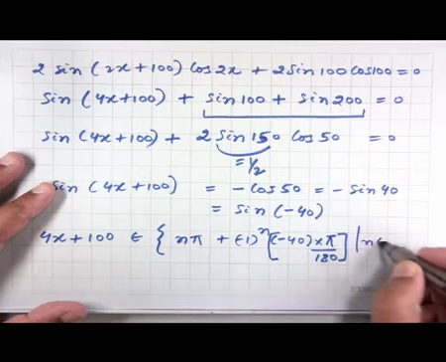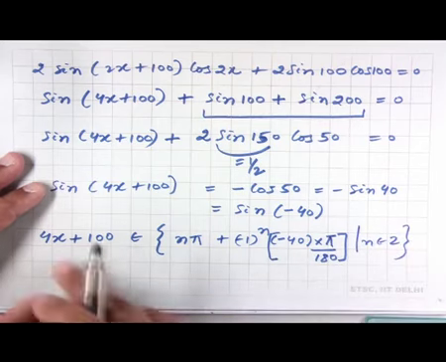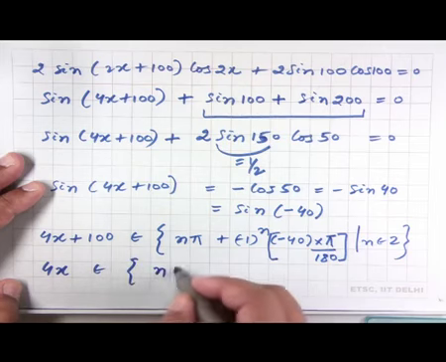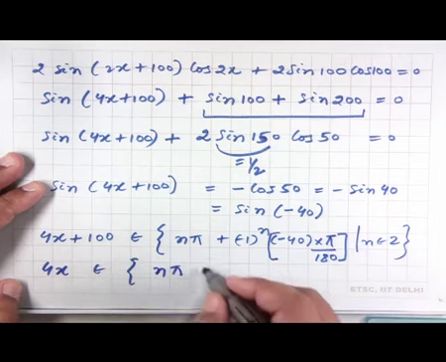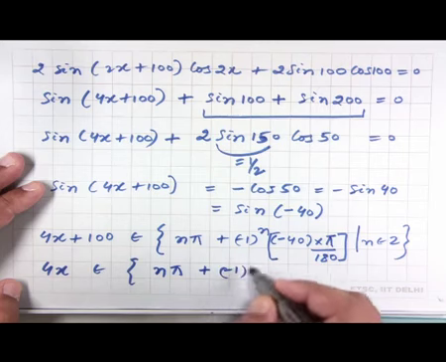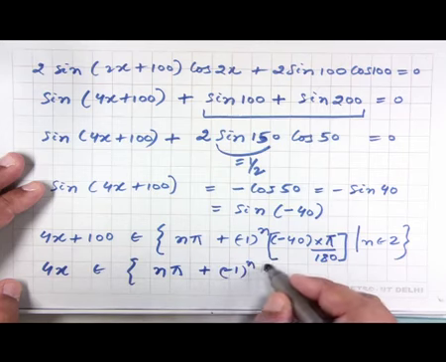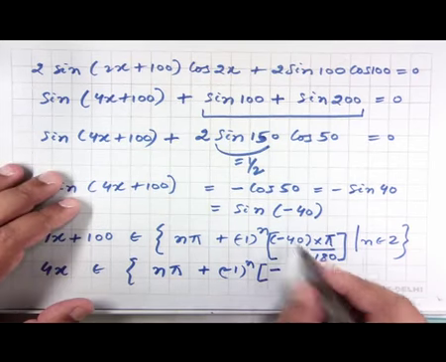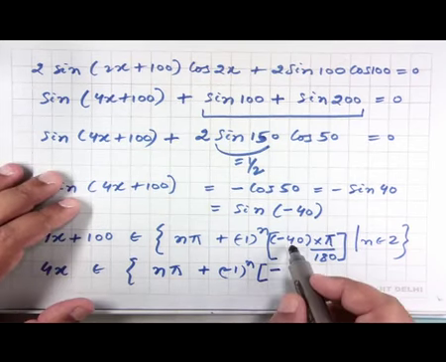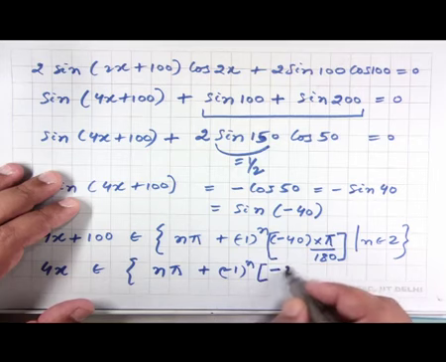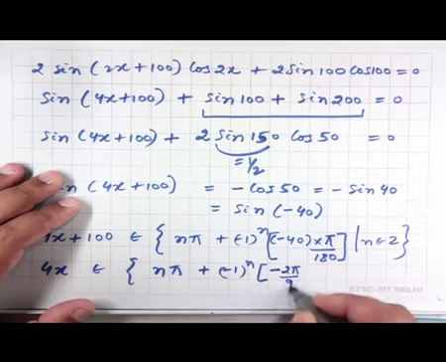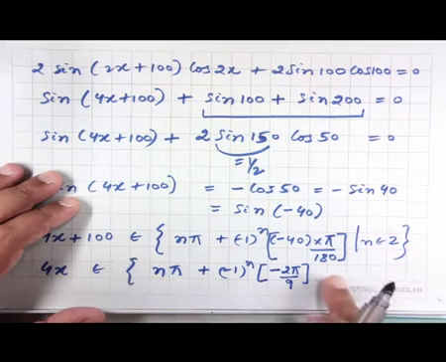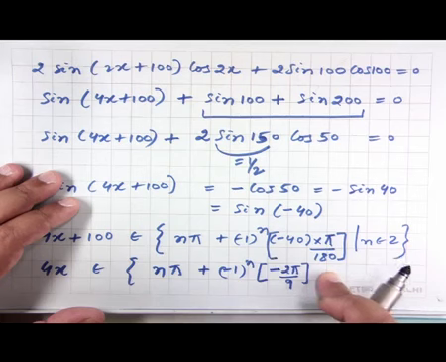So, for all n belonging to Z, we can write that 4x belongs to n pi plus minus 1 to the power of n times minus, so this 40 we can simplify as 2 pi by 9, and then we have to put minus 100 over here, but this 100 is in degrees.